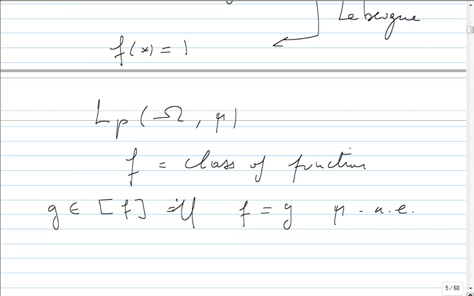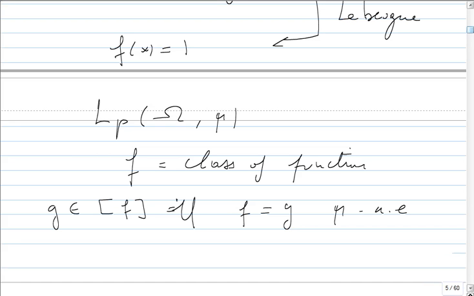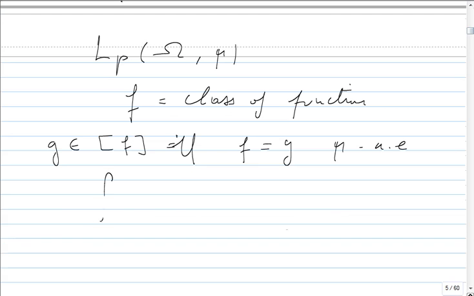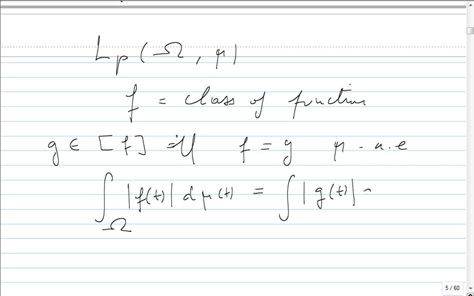Great. So once you have done that, then for the integral of a function like this, whatever you do to it, if you take, for example, the integral of the absolute value of f of t d mu of t over omega, this will be the same as for g of t d mu of t over omega.